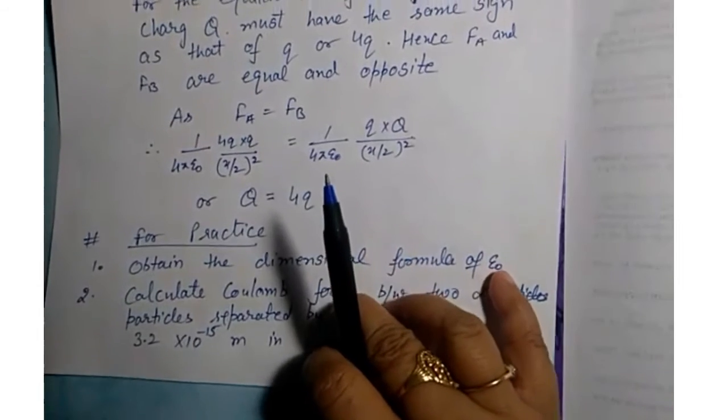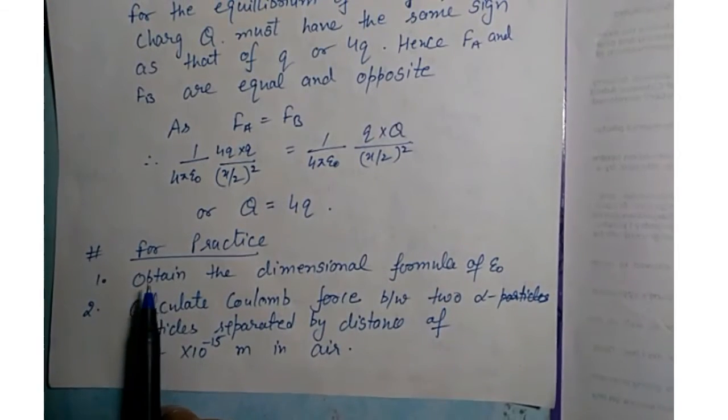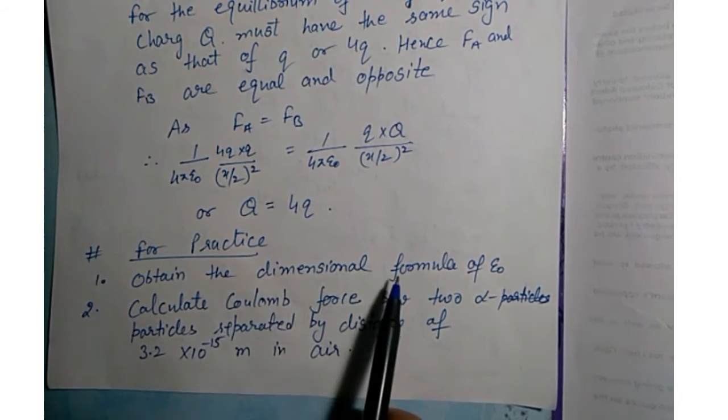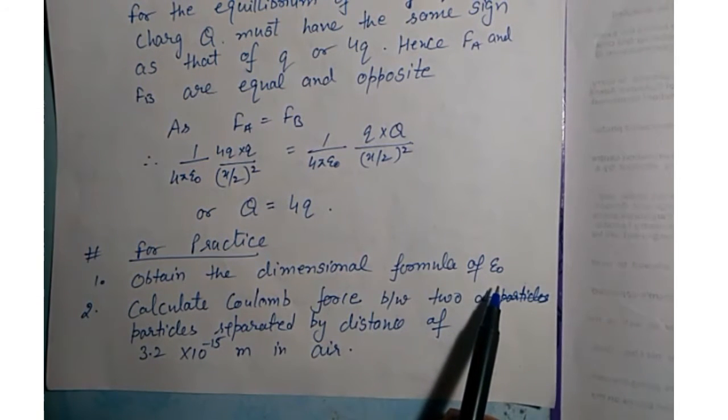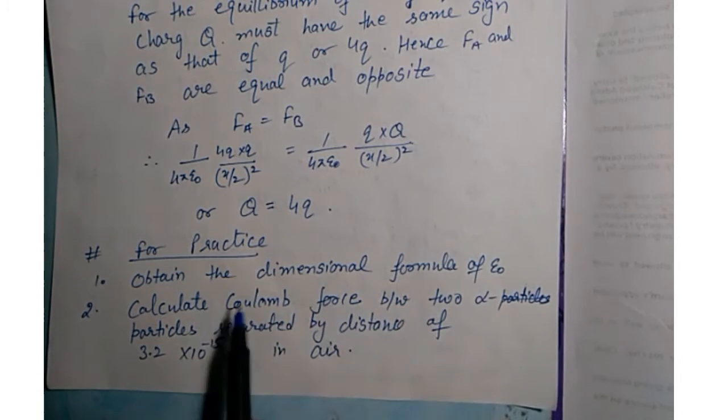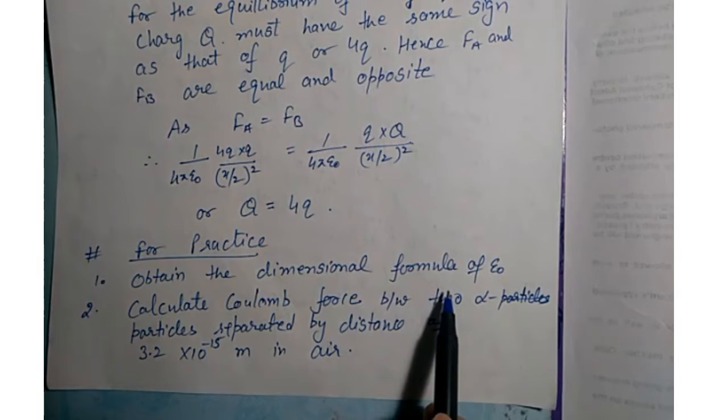Now, there are two numerical problems for your practice. Number 1, obtain the dimensional formula of epsilon naught, and you had studied in your 11th class how to calculate the dimensional formula.